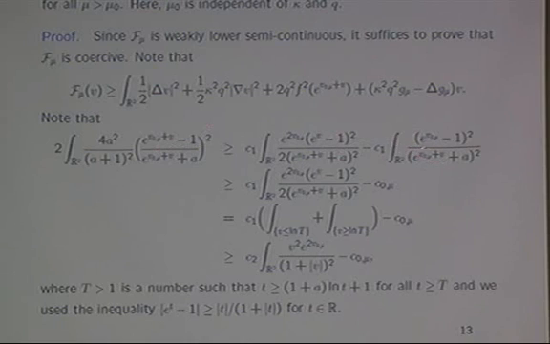This term has a lower bound by this term, which is the norm of the function in L2 space. So we have this one, and if capital T satisfies this inequality, then we can have a lower bound of this integral like this one.